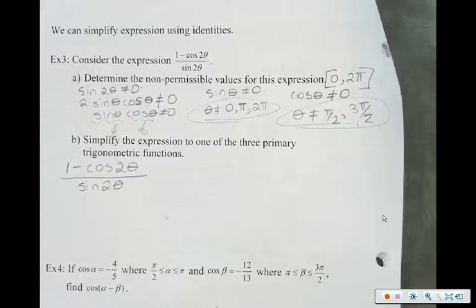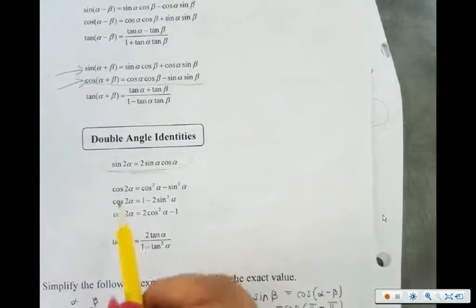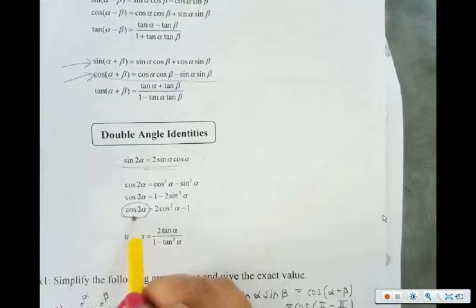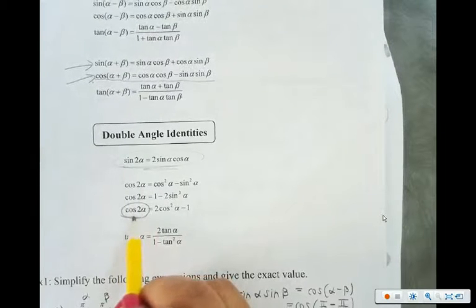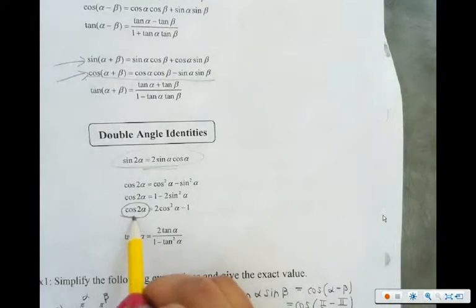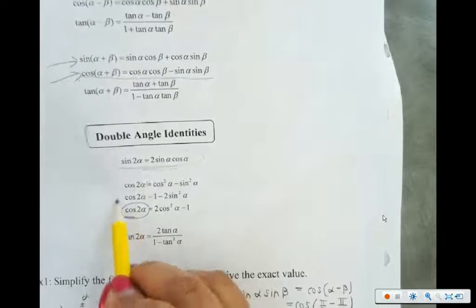So 1 minus cos 2 theta, let's look to see if we can find that on our sheet right here. I don't have a 1 minus cos 2 theta, but what I do have is a cos 2 theta. So can I take that and replace that part of it with one of these? Well, there's 3 of them.